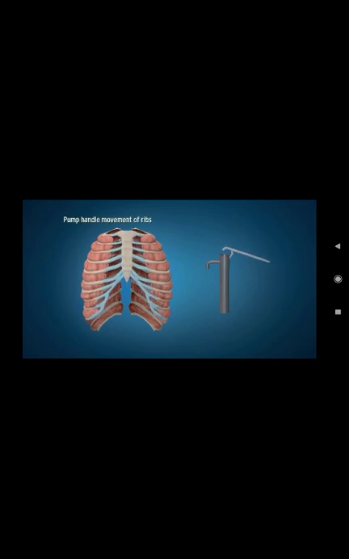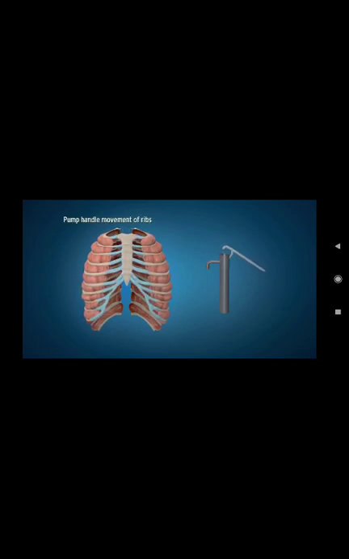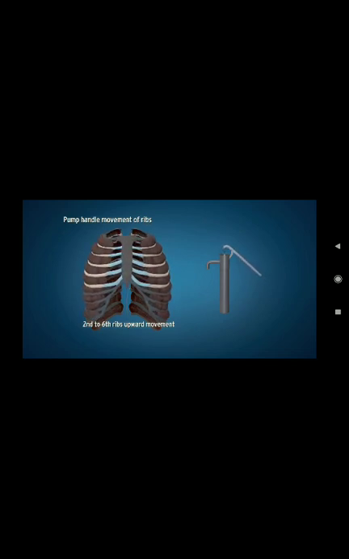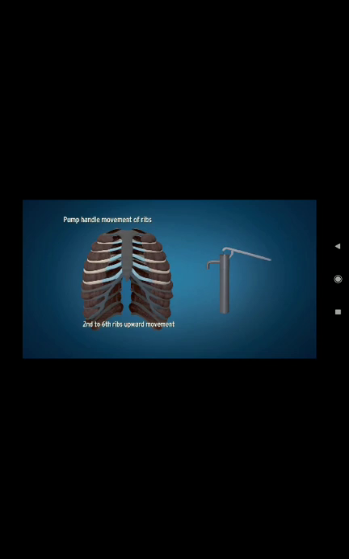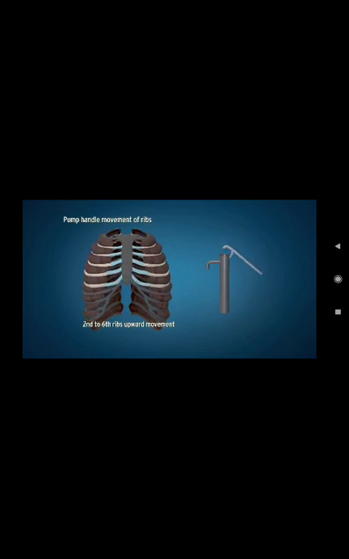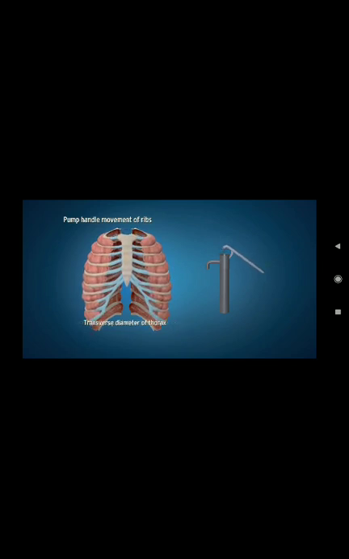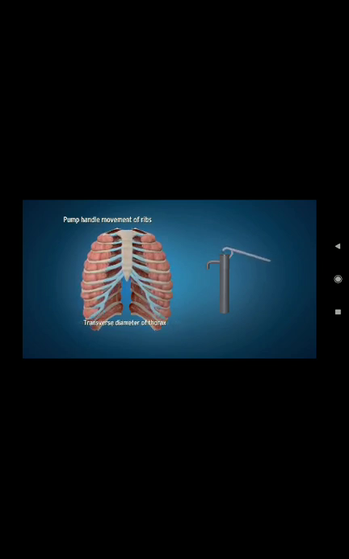Pump handle movement of ribs. The second to sixth ribs move upwards during inspiration to achieve a horizontal position due to contraction of external intercostal muscles. This increases the anterior-posterior diameter of the chest and transverse diameter of the thorax.